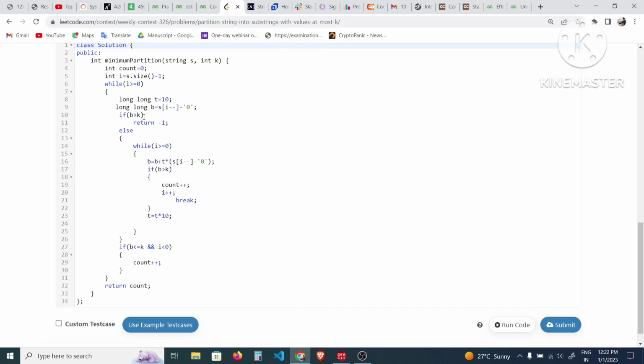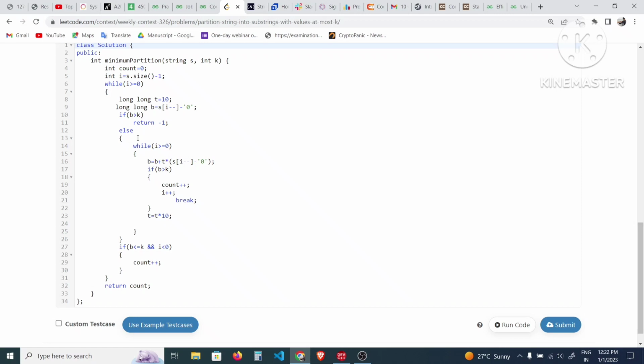If that b is greater than k, then you just have to return -1, because you can't make a partition: a single integer is greater than k, so you can't make a good partition, so you return -1.